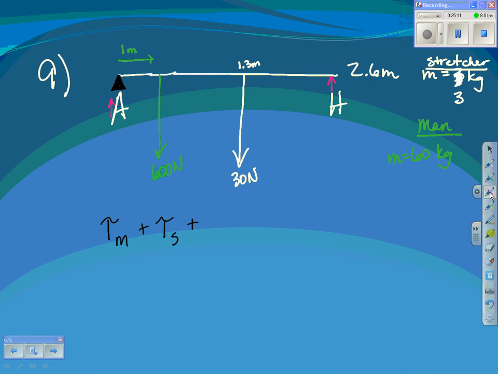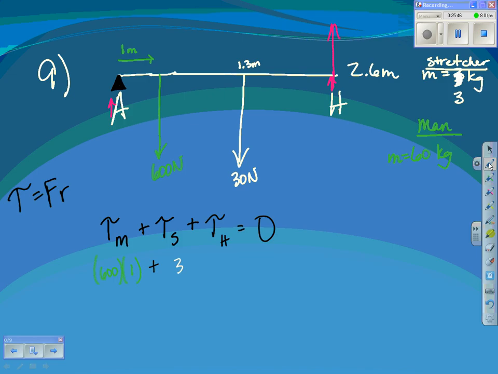Okay, so the next one that I will be doing will be, let's say they're going up like this. Okay, so the next one would be the torque for Hank. All of these have to equal 0. Again, torque is force times radius, or distance from the pivot point. So for the man, we have a force of 600, and he's how far? From Anita, he's a meter, plus the torque of the stretcher.